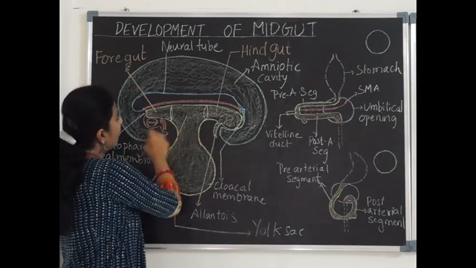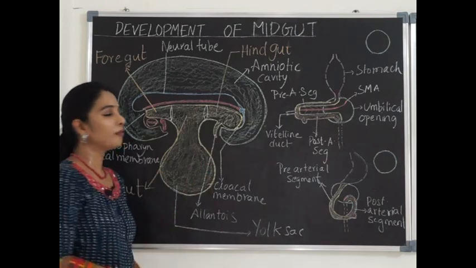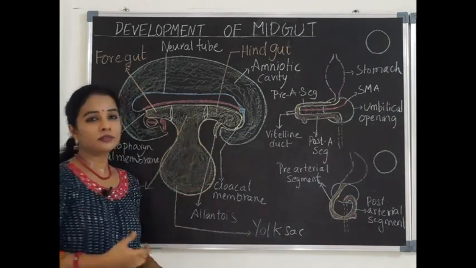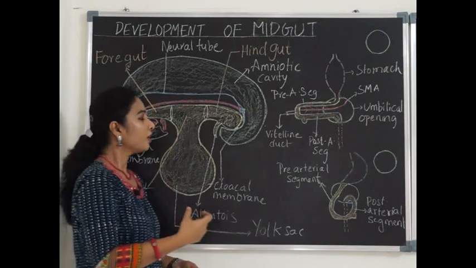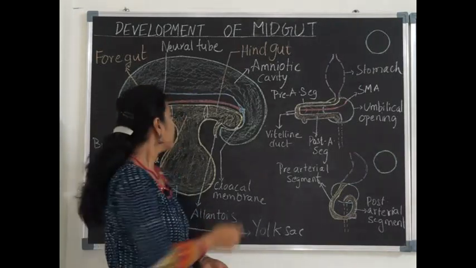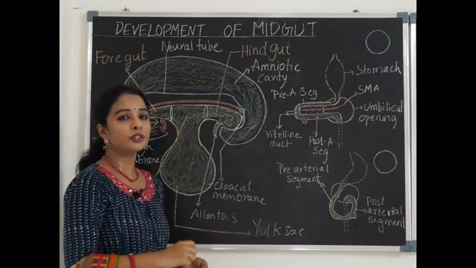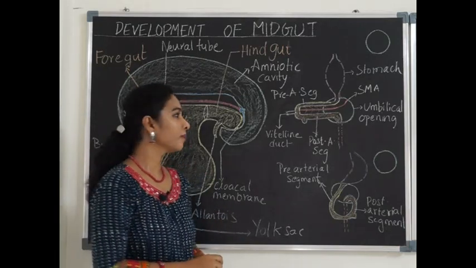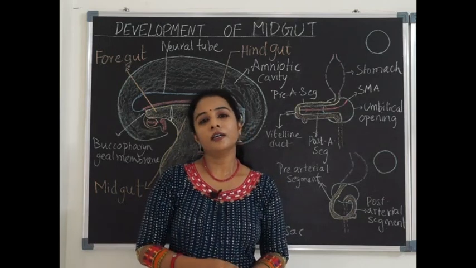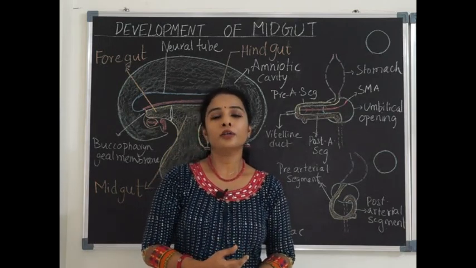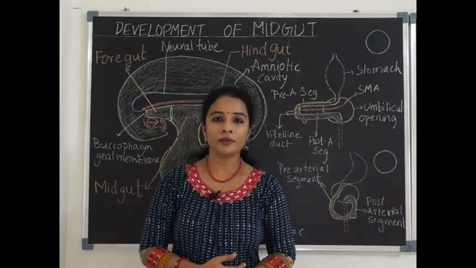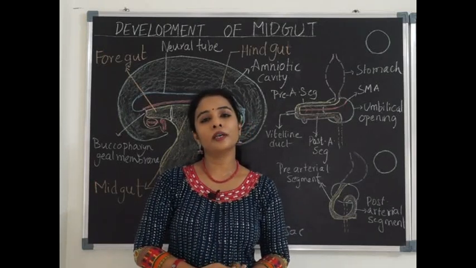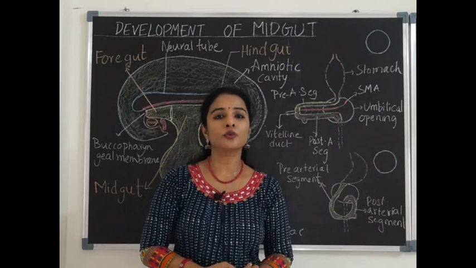Because of the head fold, tail fold and two lateral folds, the communication between the midgut and the yolk sac gets constricted. Because of its narrowing, this communication becomes a thin tube-like structure which is called the vitellointestinal duct. Later the midgut won't be able to grow inside the abdominal cavity because there is no space in the coelomic cavity of the abdomen to grow.